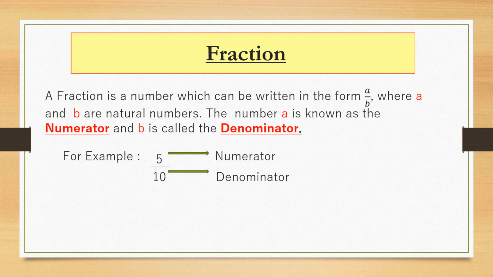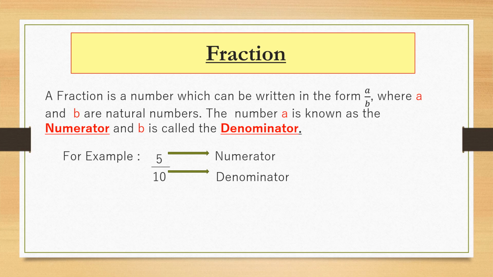Okay. What is fraction? A fraction is a number which can be written in the form A upon B, where A and B are natural numbers. The number A is known as the numerator and B is called the denominator.